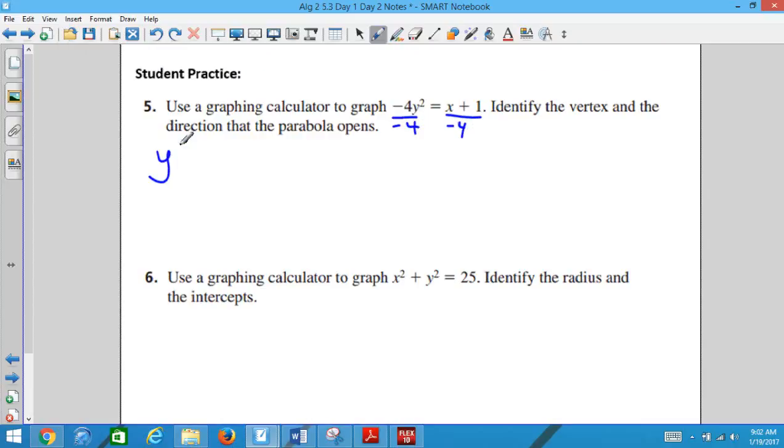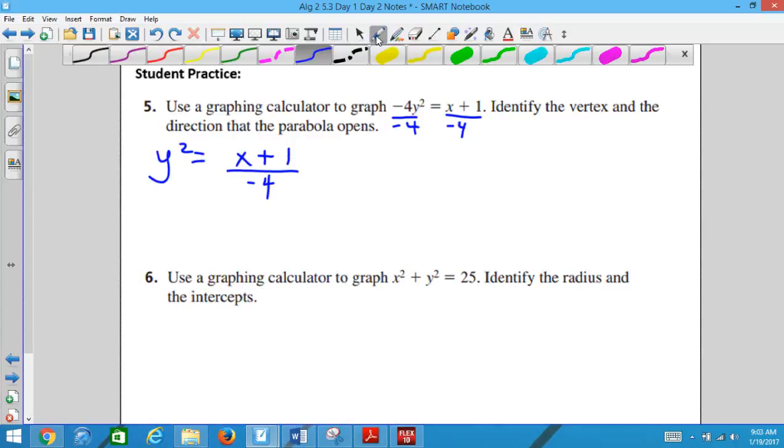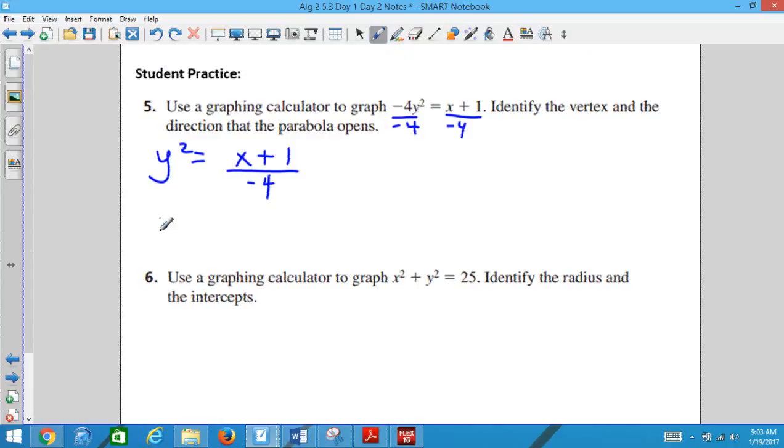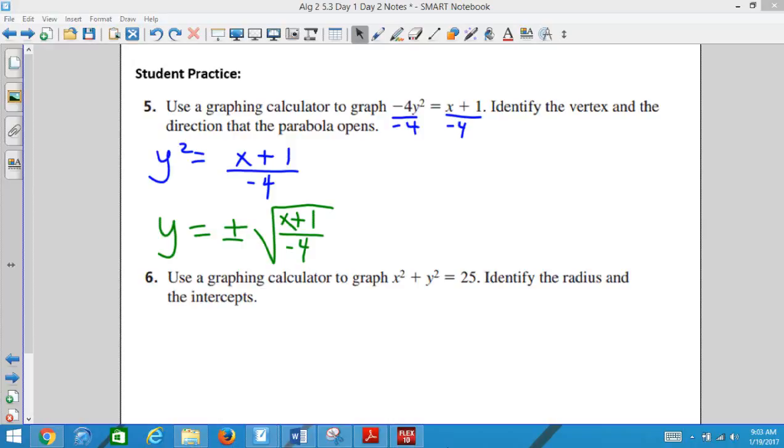We get y squared equals (x plus 1) divided by -4. I'm not allowed to leave a negative in the denominator, but it's okay because all I'm going to do is type it in the calculator. I'm not simplifying it. So then I'm going to square root both sides, and I'll get y equals plus or minus the square root of (x plus 1) over -4. I will type that in so you can see what the graph should look like.